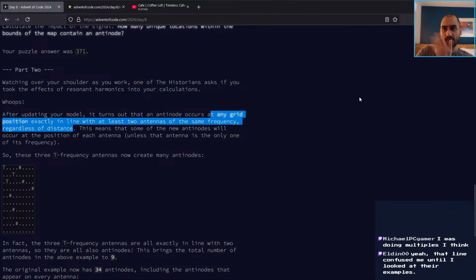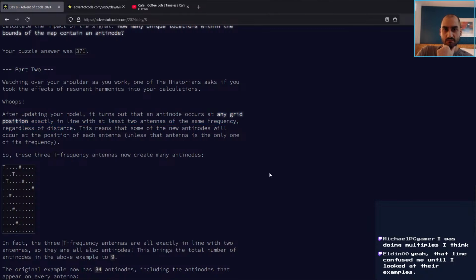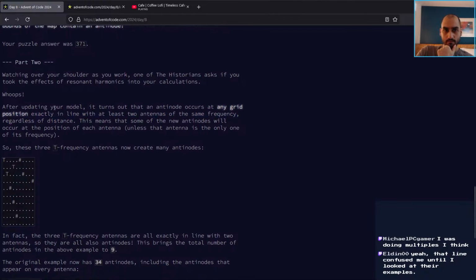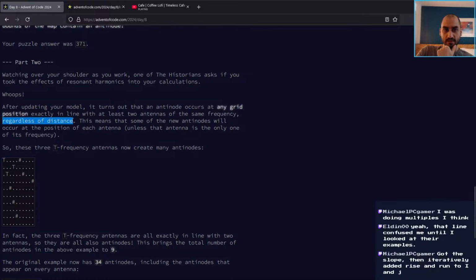I would say, for that example, 6, 6, 7, 7, 8, 8 should definitely count. And the way I've written my code, it would count them. Maybe the input has been super generous. But they have used the phrase regardless of distance, so that unequivocally means distance is irrelevant. Got the slope, then iteratively added rise and run to I and j.